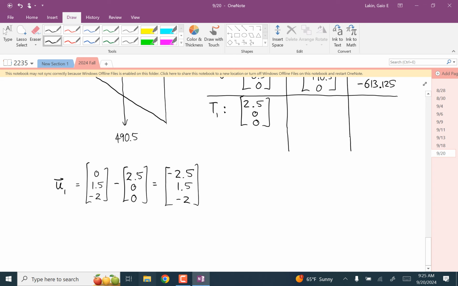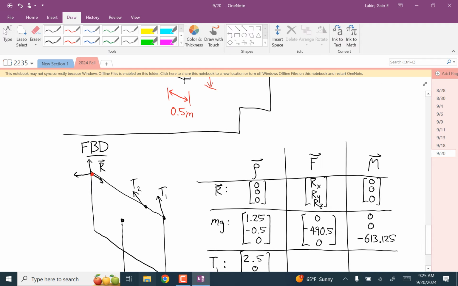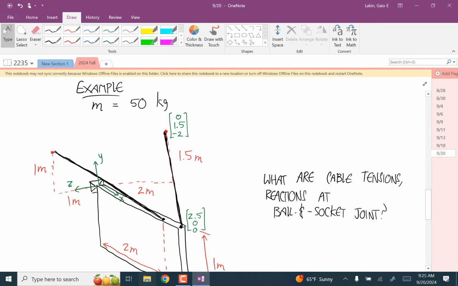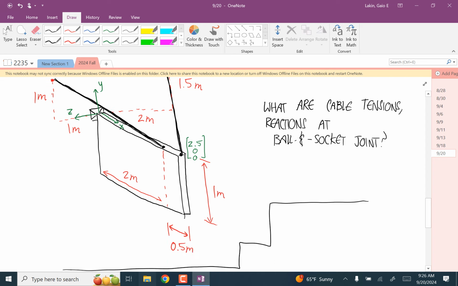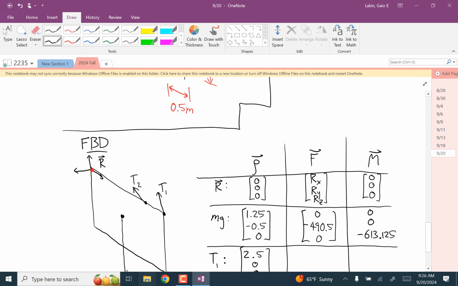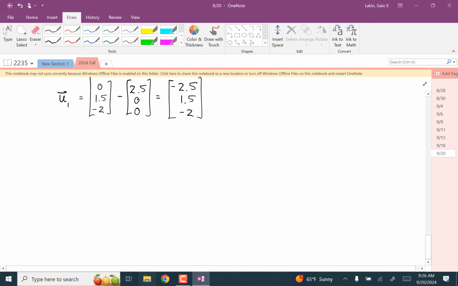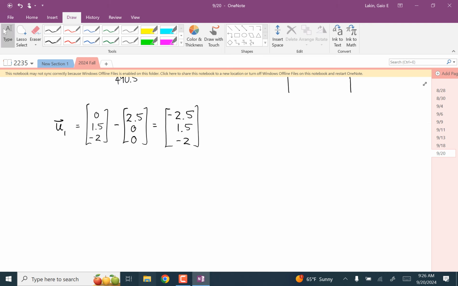How did I know which one to subtract from which one? Final minus initial. It's where that vector is pointing minus where the vector is coming from. And so it all has to do with the direction of that cable force. The cable force is always away from the chosen body, so that's how it came up that way. If you chose to do it the other way, you would know in the end when your tension was negative.